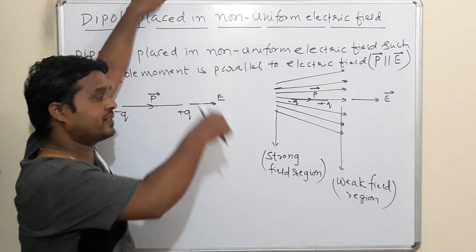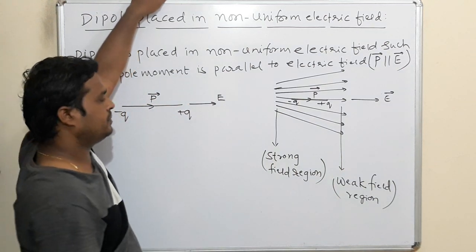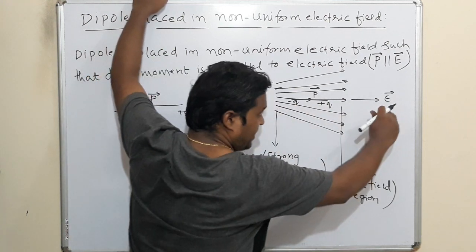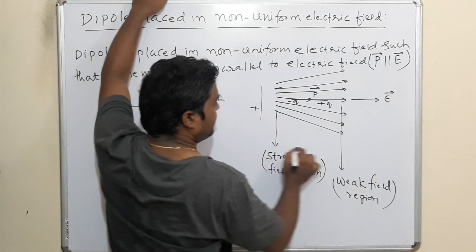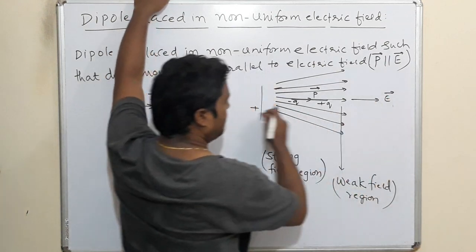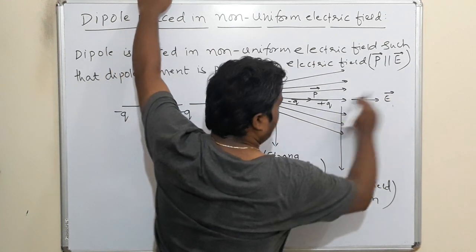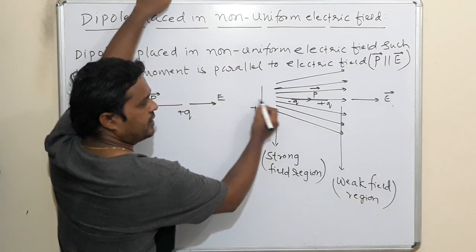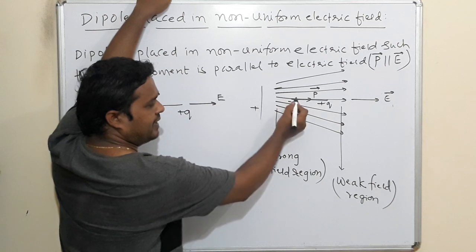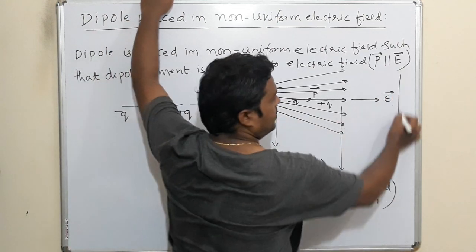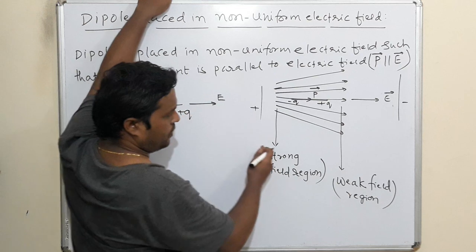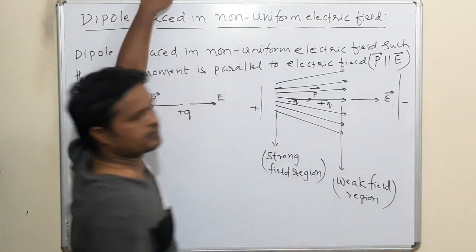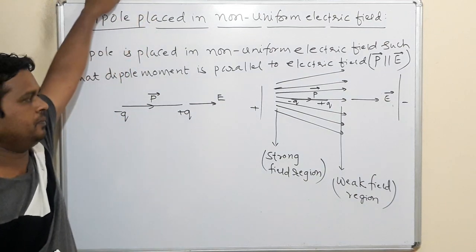This is the direction of the field, so this side should be plus and this side minus, since electric field direction is from plus to minus. This negative charge will experience a force in this direction. This is the positive plate, this is the negative plate. Direction of electric field is from plus to minus, but it is not uniform.